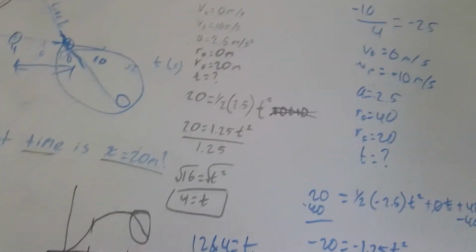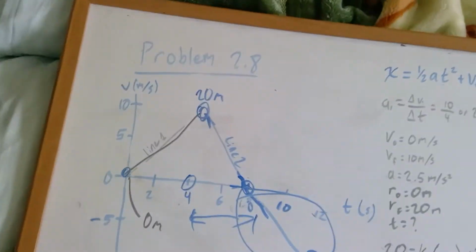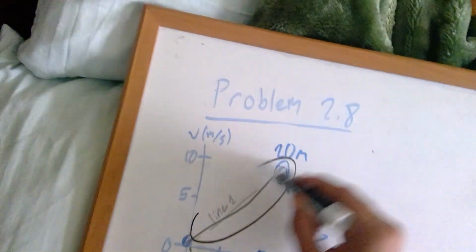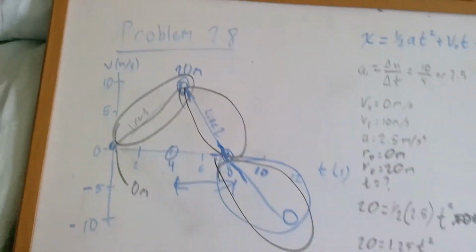That's the answer, but there's also a much easier way to solve this than going through all this math, and that would be looking at these 3 different sections of the graph that I could label. There's that part, and that part.